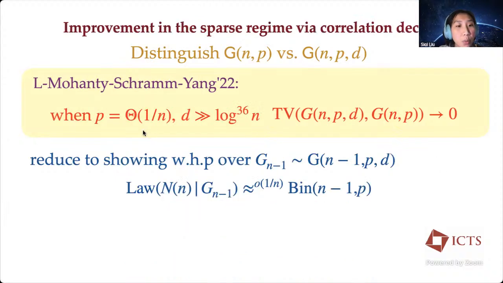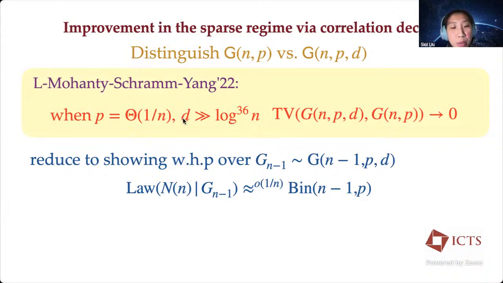In particular, when p is on the order of 1 over n, we're able to improve the lower bound to simply log to the 36 n. If you recall, the algorithmic bound for the case where p is on the order of 1 over n would tell you that when d is much smaller than log cubed n, one would be able to efficiently distinguish.